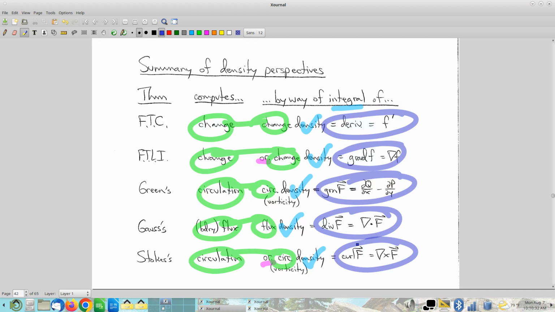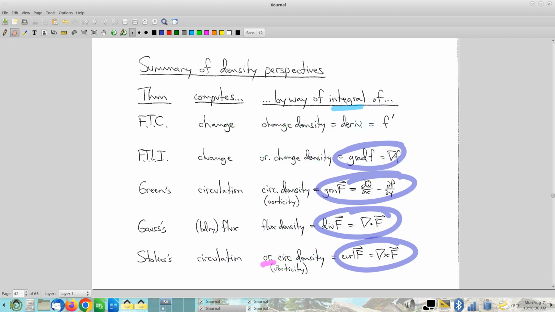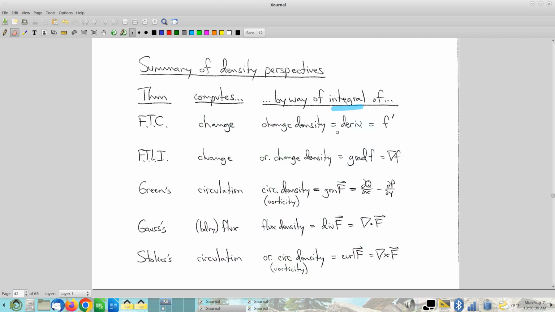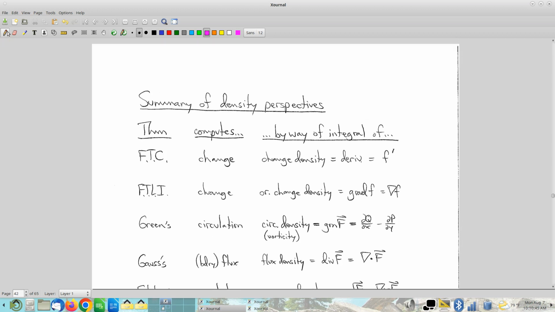Could you explain why the fundamental theorem of line integrals is so limited? Sure. So if you look at the way the fundamental theorem of line integrals is written, I'll write it down up here.